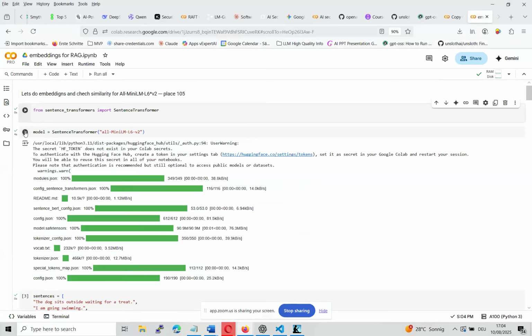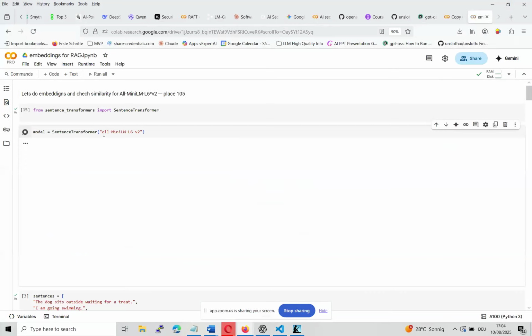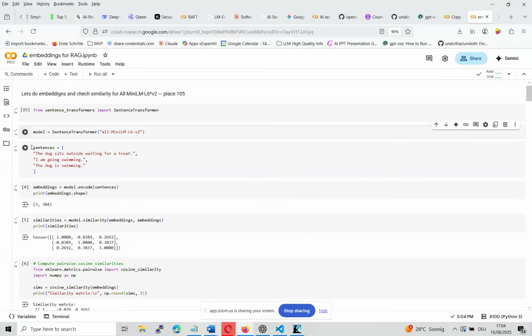Okay, so we load from Hugging Face's sentence transformer library this model recommended by the authors. The authors put here three sentences, like "Dog sits outside", and the task is to compute the embedding for every sentence and find the similarity between these three sentences.